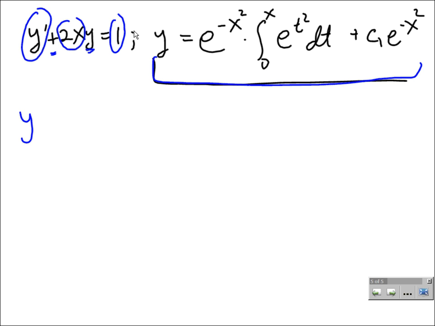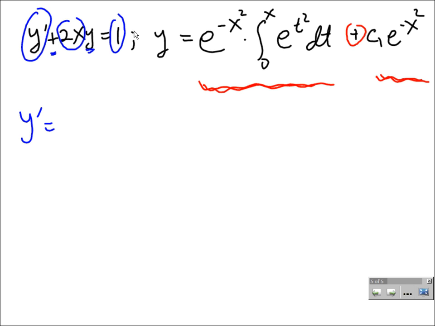So let's first calculate y prime. Now, the function y has two terms. This term plus that term. So I'm going to take the derivative of the first term first, plus the derivative of the second term. But the first term is a product. It's this times that. I have to use the product rule. So it's the derivative of e to the negative x squared, which is e to the negative x squared, times the derivative of that exponent. The derivative of negative x squared is negative 2x.